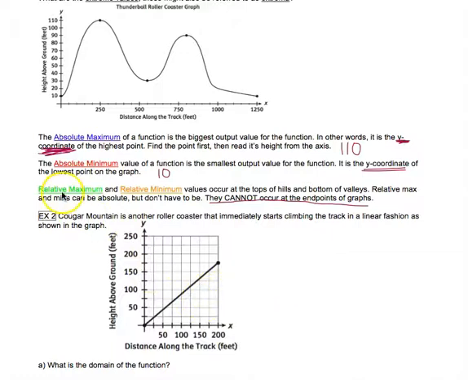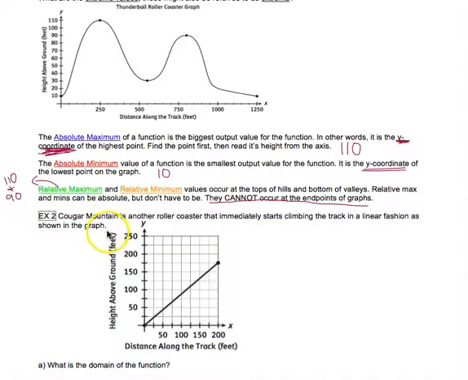So when I'm looking for relative max, in this case, top of a hill is going to be a relative max. So my absolute max is at the top of a hill, so that one would count. So 110 would be one. And this one is also a top of a hill. And if I go over there, looks like that value is 90. So I have a relative maximum there.